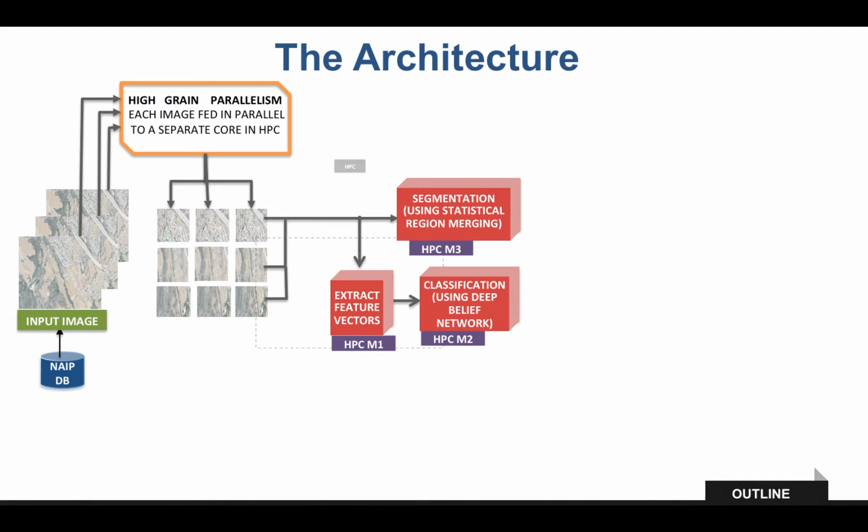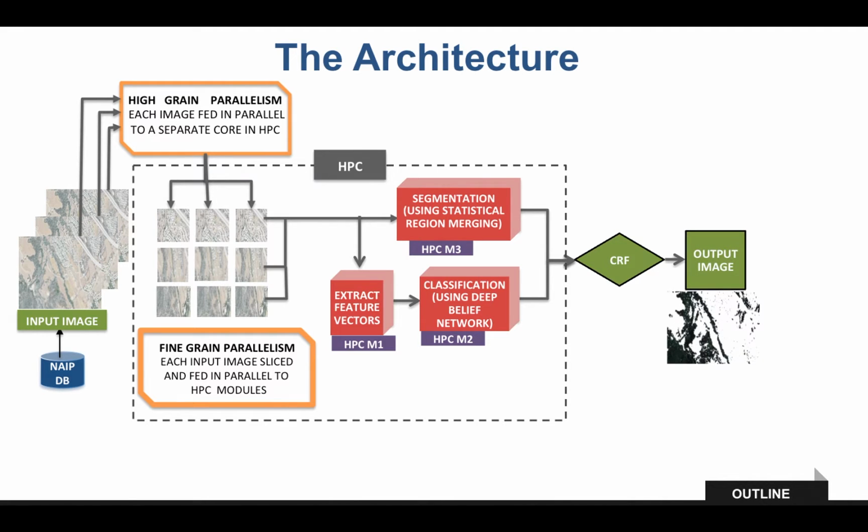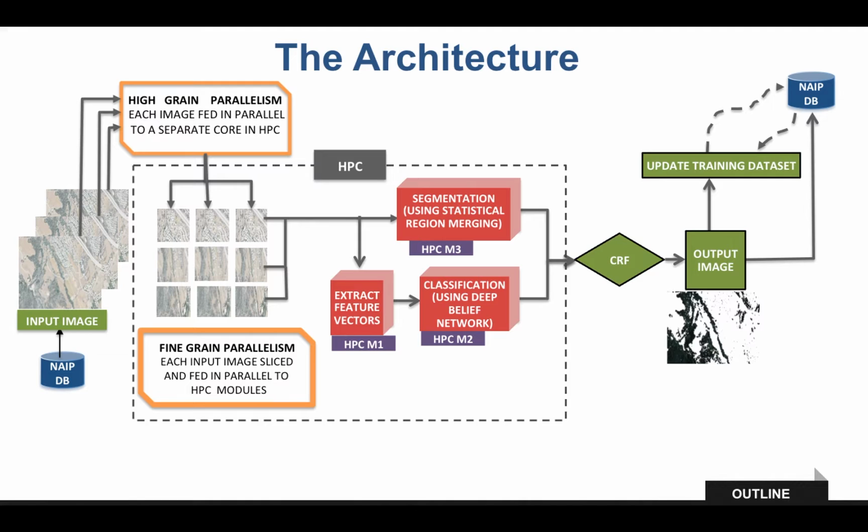Finally, the results from the segmentation module and the classification module are combined using a conditional random field, which in turn generates the final output image. The output is saved into the NAIP dataset. The training dataset is updated at regular intervals to improve the accuracy of the classifier.